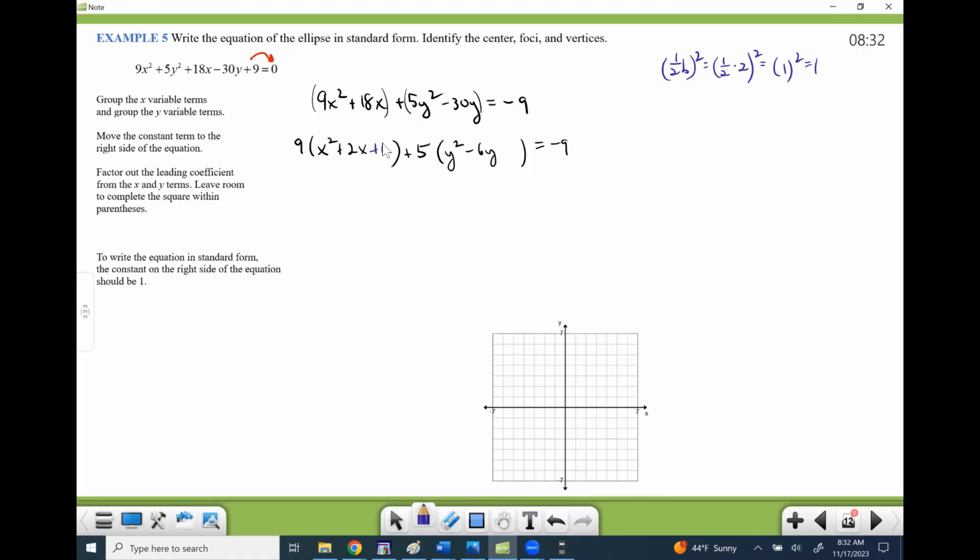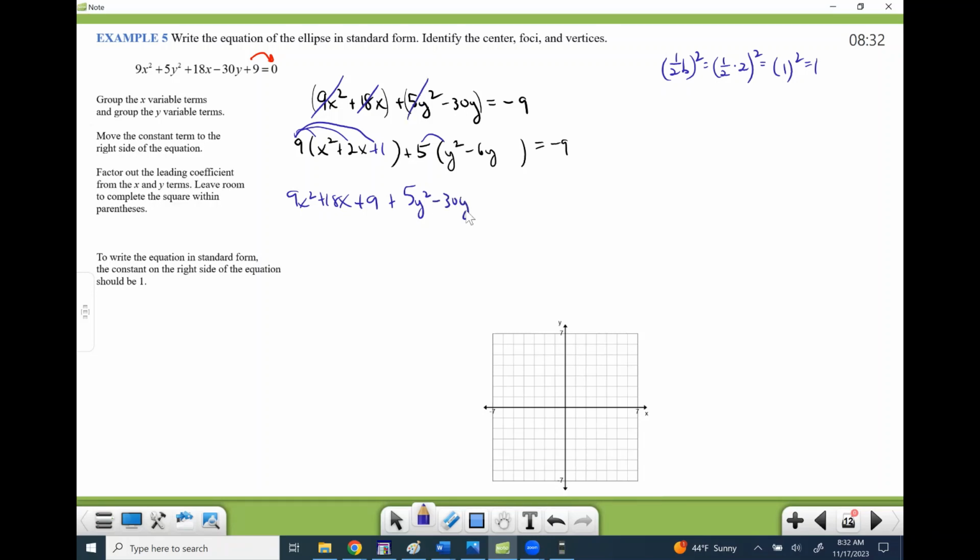Now, that's not really a 1 that I added into the problem. Okay, don't do this, you guys. I'm going to erase it in a second, but I just want you to see why it's not a 1 that we added. If we distribute, we get our 9x squared, which matches with that. We get our 18x, which matches with that. We have a 9, which is nowhere in the original problem. We have a 5y squared that matches with that.